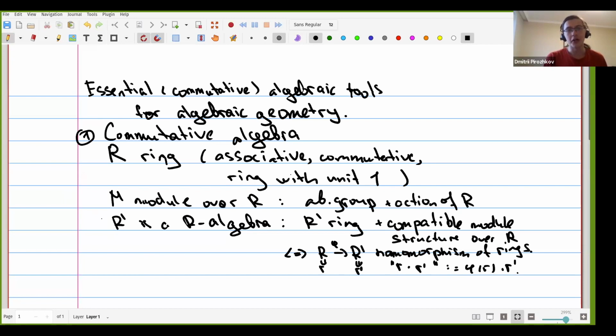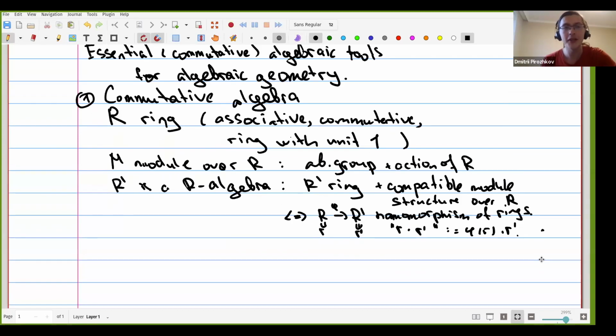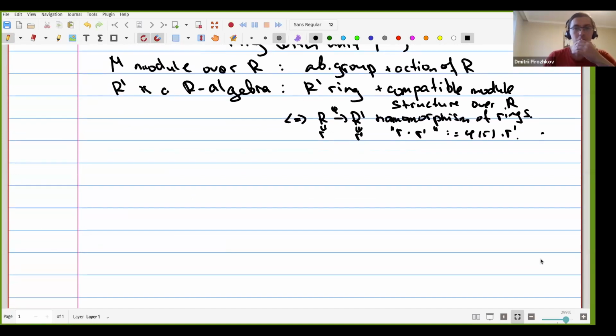So those are three main definitions, and commutative algebra is a study of rings, modules over them, algebras over them, as well as various homomorphisms and properties of homomorphisms, for example, properties of homomorphisms of rings. So this is a well-defined, purely algebraic definition of what kind of objects we study and what we do with them.